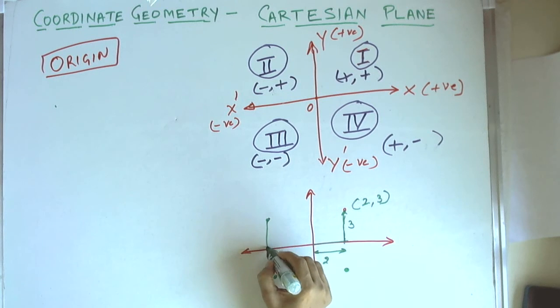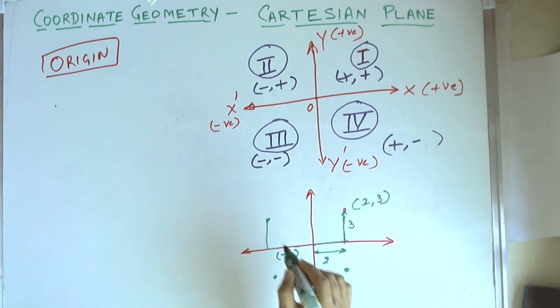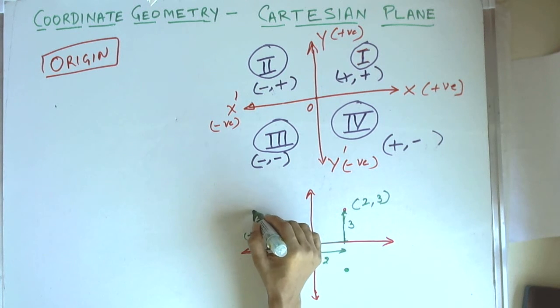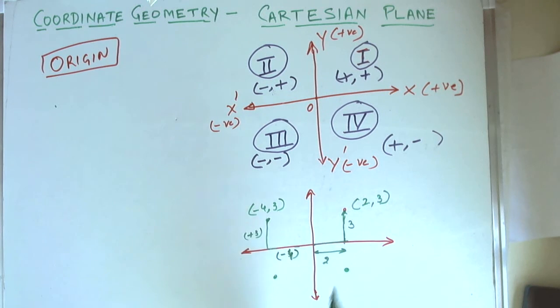Suppose this is another point. Again we will draw a perpendicular here and see first the x direction. X direction is minus, in this case say minus 4, and this is plus 3 because it is up. So the coordinates of this point will be minus 4 and plus 3. By convention the plus sign is not written, as you have seen earlier also, and I am repeating that by convention plus sign is omitted, and if no sign is written it is assumed to be plus.